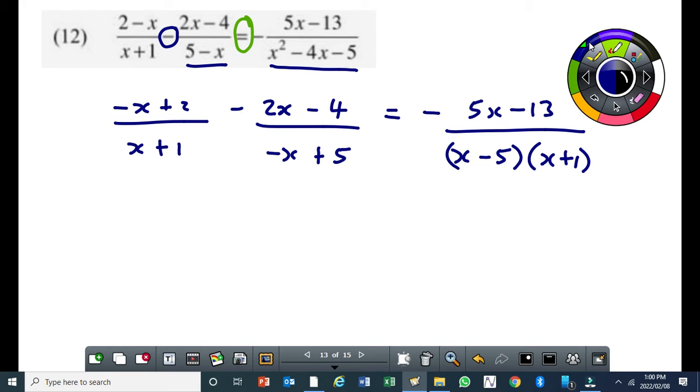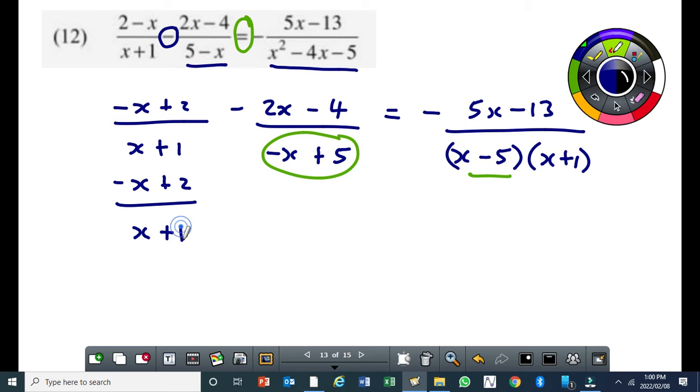Since I factorized, I'm not done. I still need to simplify this so that it looks like that. So I have to factor out negative 1. If you don't deal with the denominator correctly, you'll never get the answer correct. So my next step is to write minus x plus 2 over x plus 1.